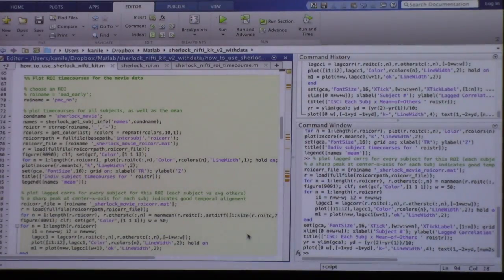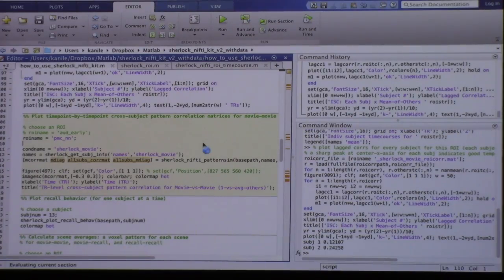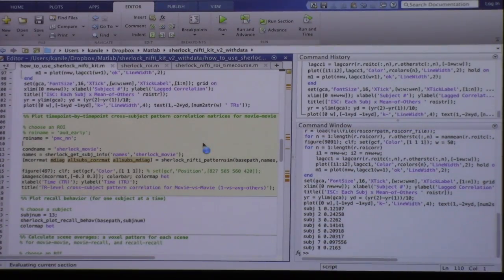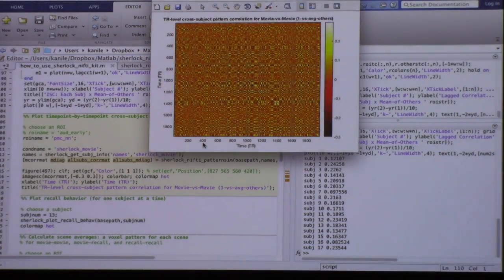I guess the temporal resolution can't be more than your TR. Okay, so some things to play around with there. Here are the time pattern correlations. Again, this is each subject's correlation with the average of all of the other subjects.